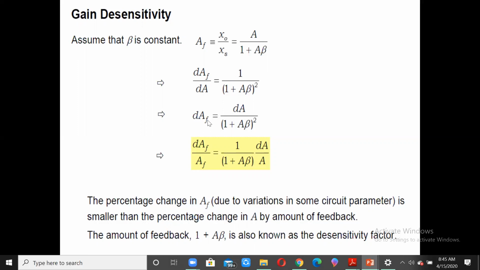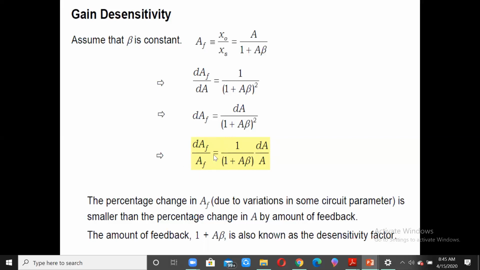Then we can divide this dAf by Af on both the sides, and substitute on the right hand side the value of Af from here, A by 1 plus A beta. Then we are going to get 1 by (1 plus A beta) into dA by A. So what does that mean? It means that the percentage change in Af is equal to the percentage change in A divided by 1 plus A beta.